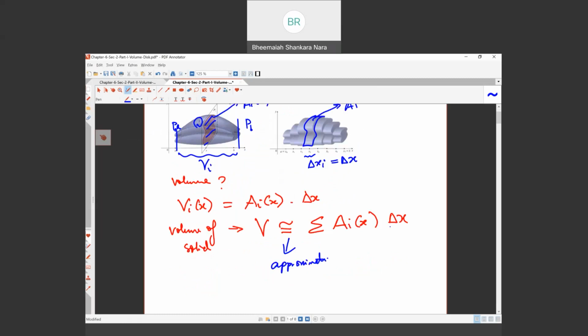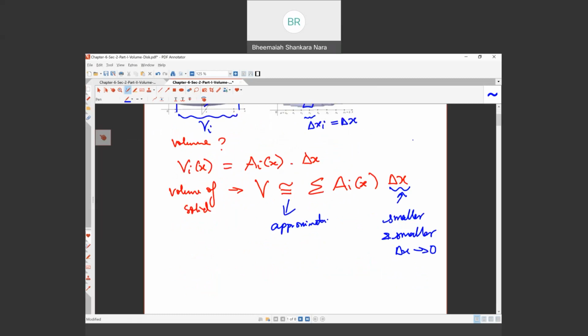And this delta x here, as this delta x grows smaller and smaller, we can say that delta x approaches 0. So one more way of representing the volume formula. When we take the limiting condition, we take off this approximation symbol.